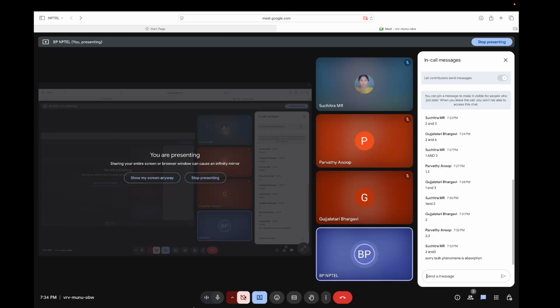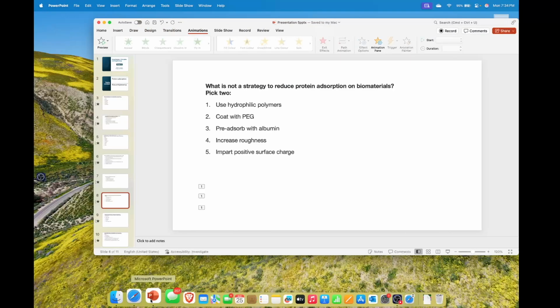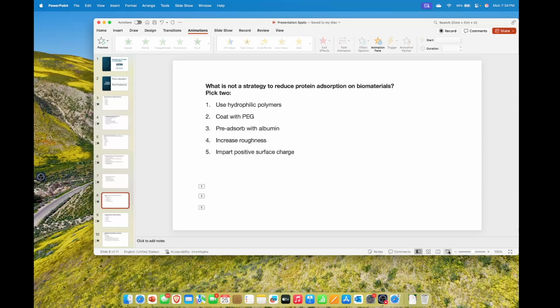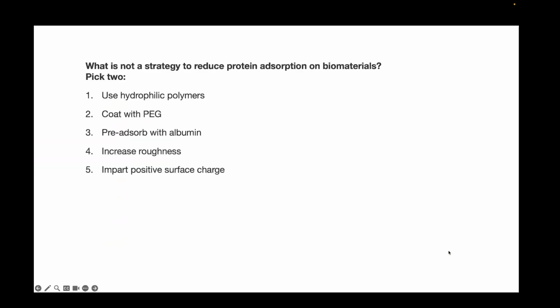Okay, anybody answering this question? What is not a strategy to reduce protein adsorption?